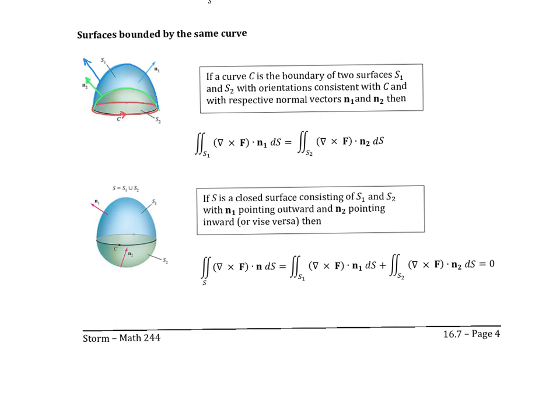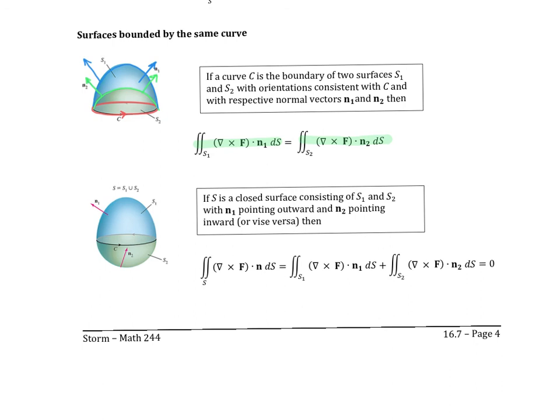So it doesn't matter where I go on the inner, I have a parallel normal vector on the outer surface. If this is the case, then to figure out circulation, you only have to compute the integral for one of these surfaces. So the S sub 1 integral is going to be equal to the S sub 2 integral.